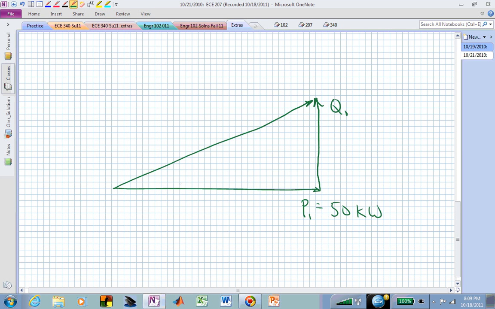Really what we were given is indirectly we are given theta 1, and we also can then determine the apparent power, or the magnitude of the complex power S1, where S1 is P1 plus jQ1, and Q1 is some value determined by the power factor that was given, which we then can find theta 1 from.